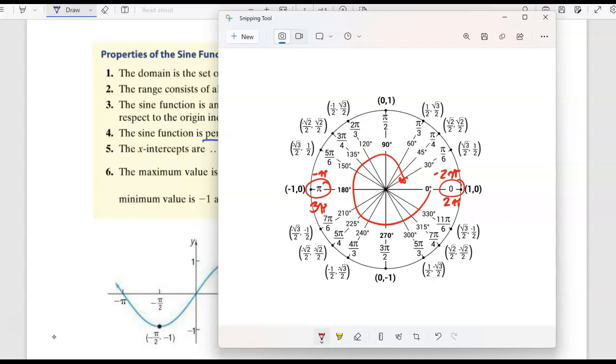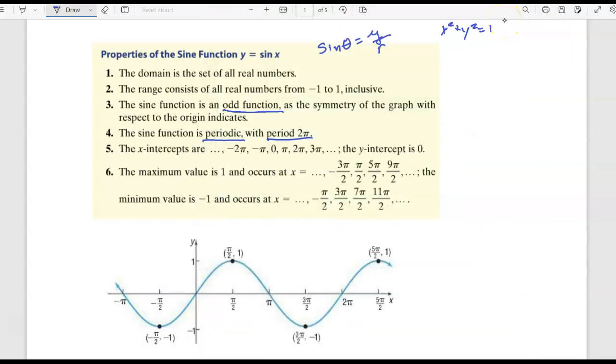So you can see it's all integer multiples of pi. So there's our x-intercept. We could write it condensely as k pi, where k is an integer.